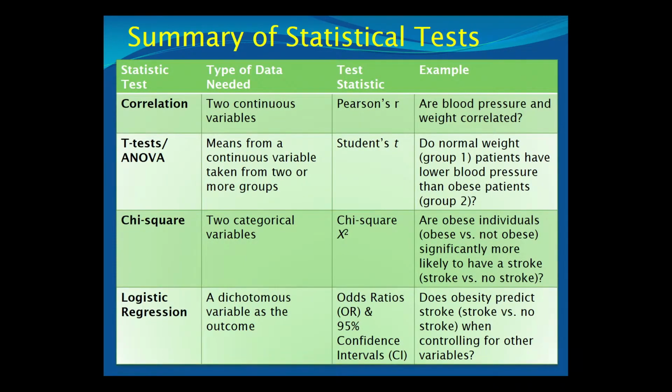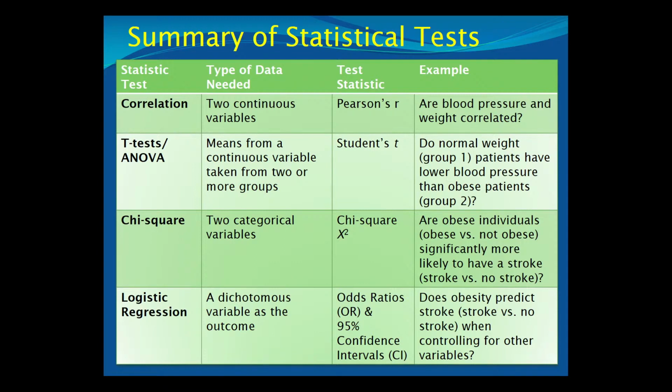Before we finish our lecture, look at this table with a summary of different statistical tests. We use correlation if we need to analyze two continuous variables, and we need to calculate the R correlation coefficient.